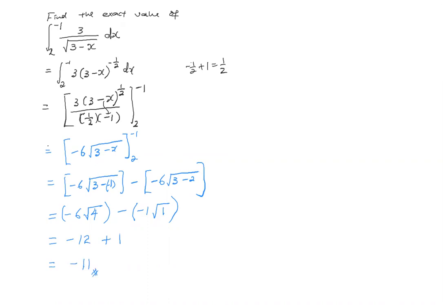Are you okay? Yes. So I purposely put it like that to let you know that you must always remember sub the top minus sub the bottom. Yes, how does minus 6 become minus 12?